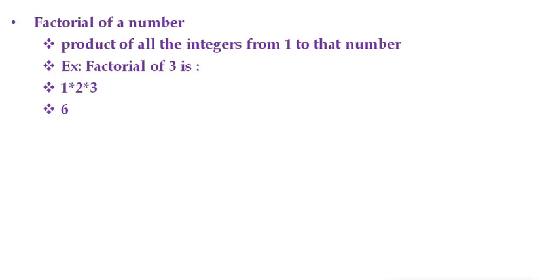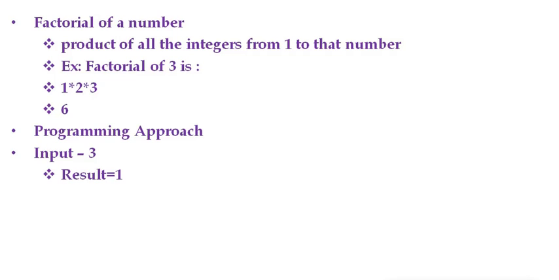Okay, fine. Now how can you think programmatically? What is the programming approach for this factorial of a number? Suppose for my program I am giving the input 3. Now if you observe carefully, here 1 into 2 into 3 is more than one multiplication.